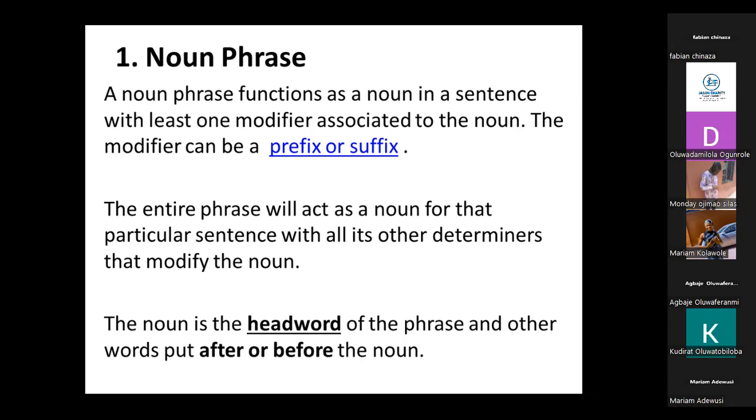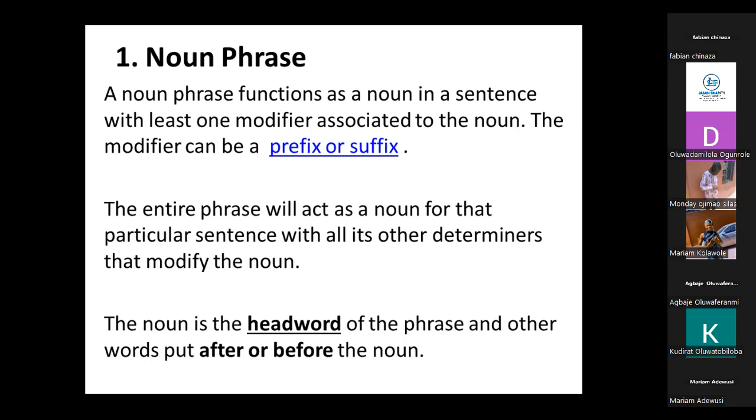That was why we said the modifier can be either a prefix or a suffix. Now, we do not mean the prefix or the suffix in the morphological aspect of it, but we are talking about the placement of this modifier either before, that is prefix, or after the noun, working as a suffix.